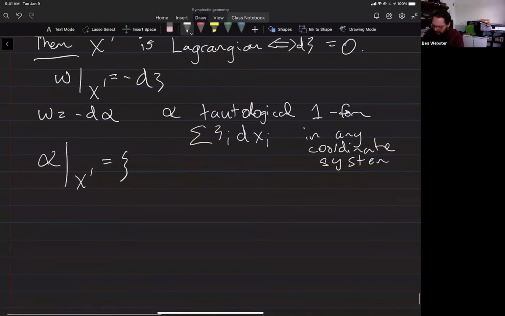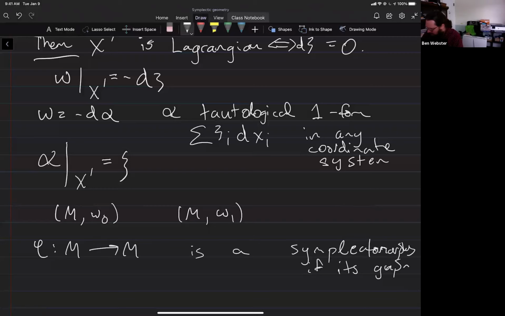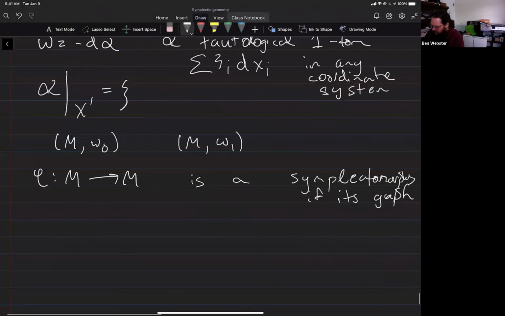If I have two symplectic manifolds, let's talk about the same underlying manifold just to make my life easier, with two different symplectic forms, then a diffeomorphism phi from M to M is a symplectomorphism if its graph is a Lagrangian submanifold.